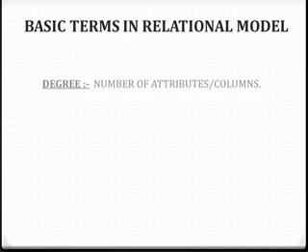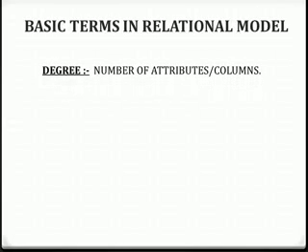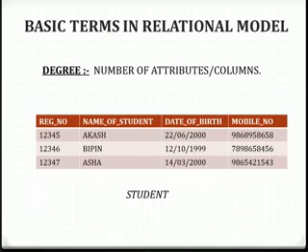Now the next term is the degree of the relation. Now what do you mean by degree of the relation? So here is your relation, student. The number of attributes or the number of columns of the relation is called the degree of the relation.